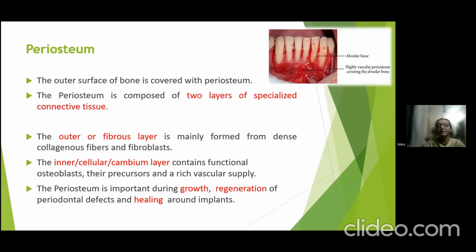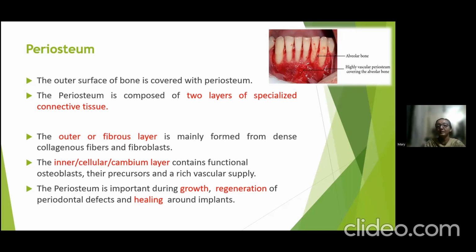Now let's have a look at what the other parts are. The periosteum. The periosteum is seen on the outer surface of bone, and it is divided into two layers of specialized connective tissue. What are the two layers? The outer layer, or the fibrous layer, is mainly formed from dense collagenous fibers and fibroblasts, and the inner, cellular or cambium layer contains functional osteoblasts, their precursors, and has a rich vascular supply.